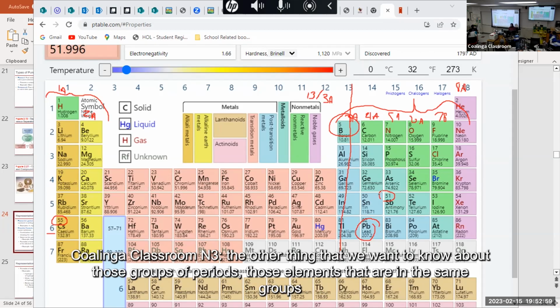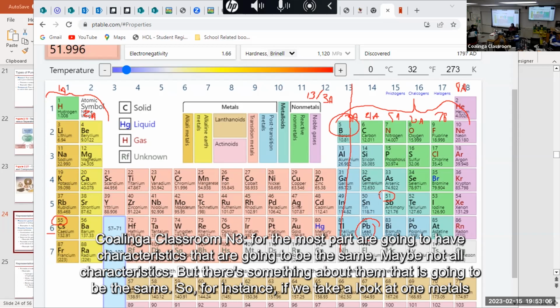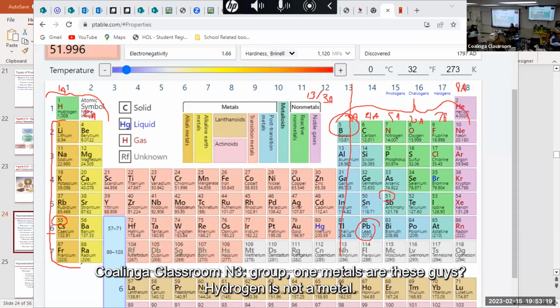The other thing that we want to know about those groups and periods is that those elements that are in the same group, for the most part, are going to have characteristics that are the same. Maybe not all characteristics, but there's something about them that is the same. So for instance, group 1 metals are these guys. Hydrogen is not a metal, hydrogen is a non-metal.